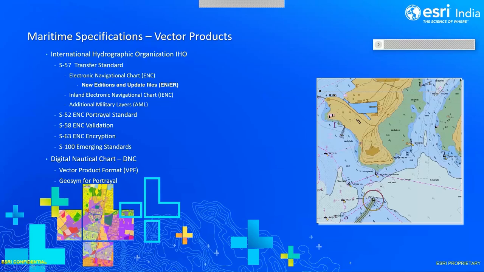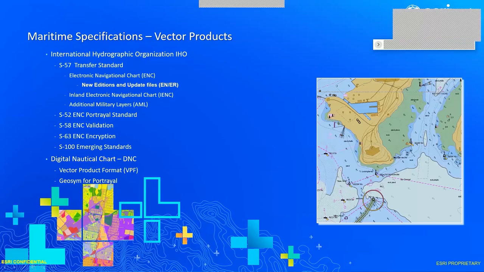It has a wide range of products in the S100 series such as S101, S102 and so on. They are also used for different kinds of purposes. And the ArcGIS software also has the capabilities for creating the S100 series products. And at the end, the digital nautical charts, which were used very early, before the electronic navigation charts.